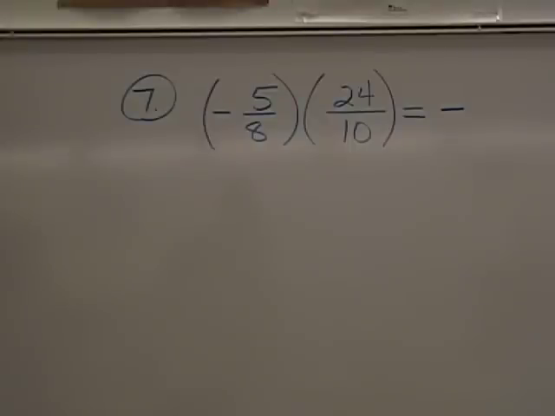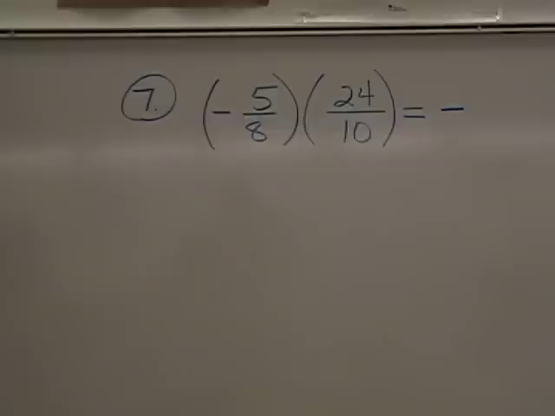The 5 in the first numerator will divide evenly into the 10, which is in the second denominator. And the 8 in the first denominator will divide evenly into the 24 in the second numerator. Now we can cross-cancel, and that accomplishes basically reducing our fraction to lowest terms before we do any multiplying.